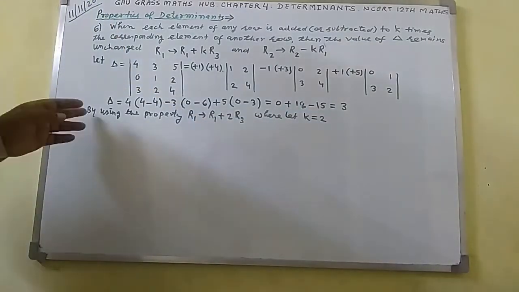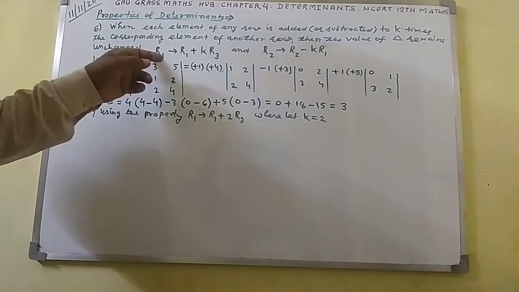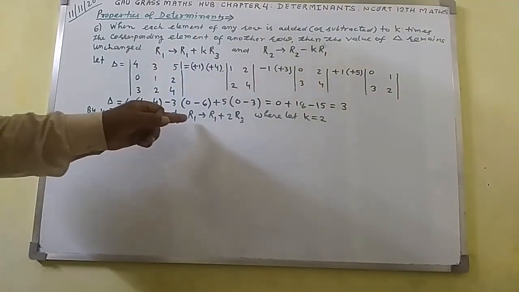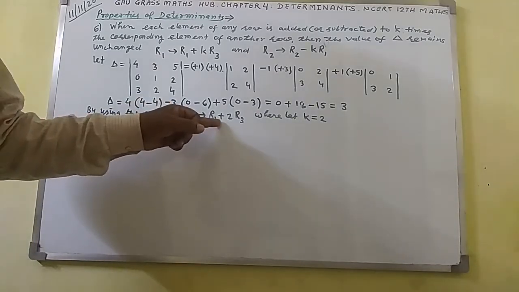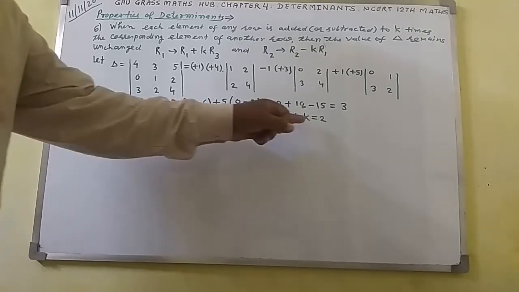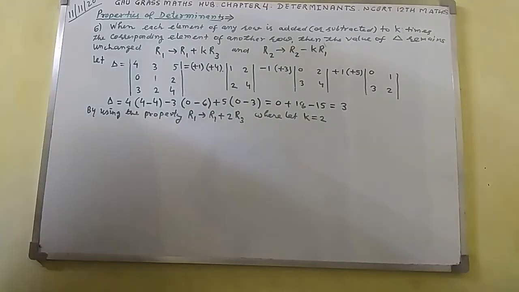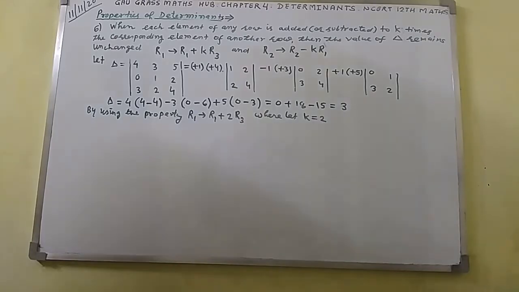Here you can see by using the property, R1 goes to R1 plus k times R3. So here I have written R1 goes to R1 plus 2 times R3, where k equal to 2. In place of k, I have written here 2. This property will apply in this determinant. So let us see what the value will be.